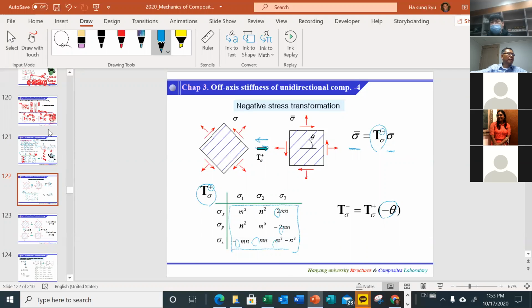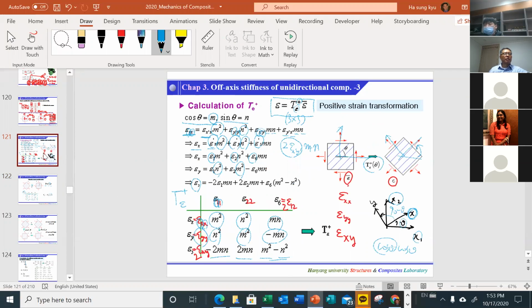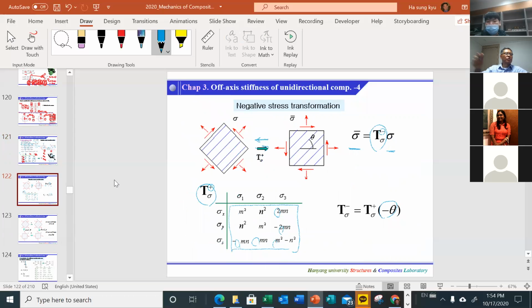And understanding this transformation would be very useful to understand this figure. See, here is the strain, and when you go from here to there, you multiply by the strain transformation, and here also you have a stress.